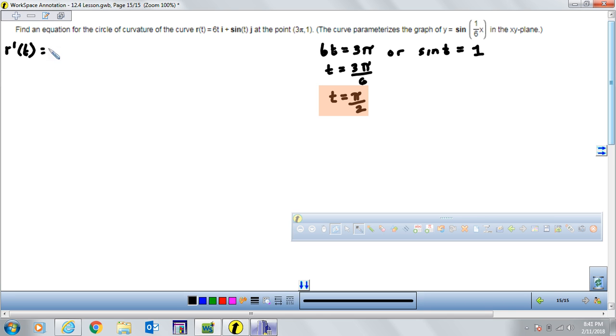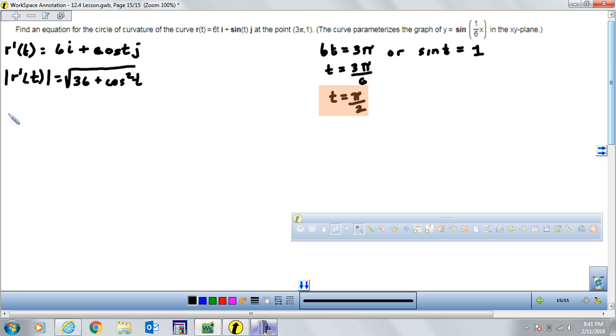That would be the derivative of 6t, which is 6i, plus the derivative of sine of t, which is cosine of t j. And then we need to find the magnitude. That would be the square root of 6 squared, which is 36, plus cosine squared of t.